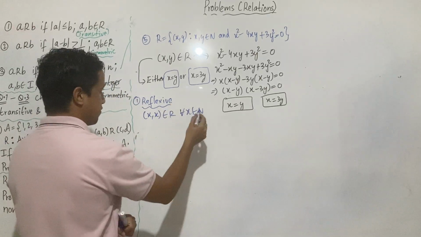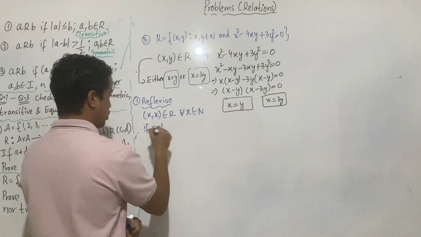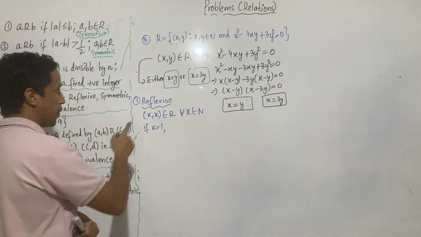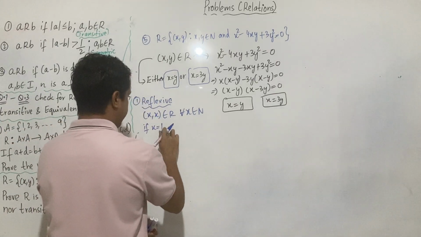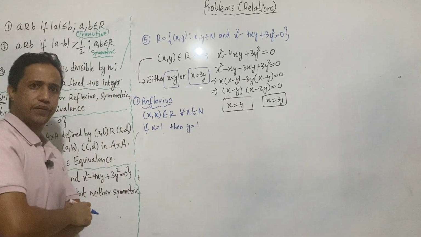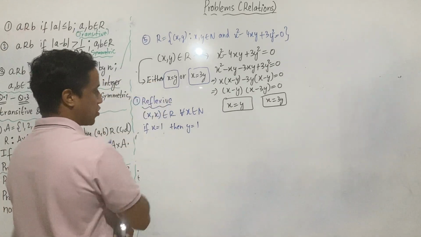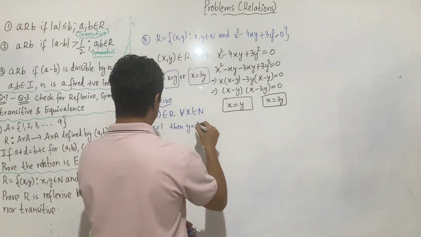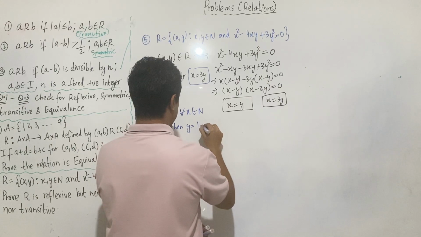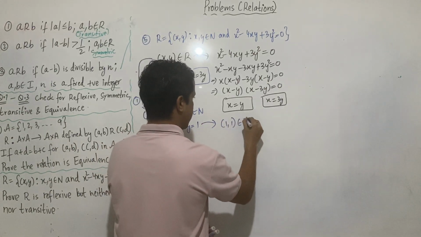Let's say x is equal to 1, then y is also equal to 1. Because x is equal to y, the pair (1, 1) is going to be in the relation.